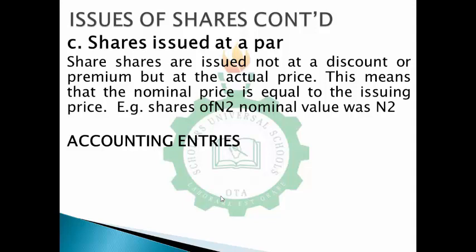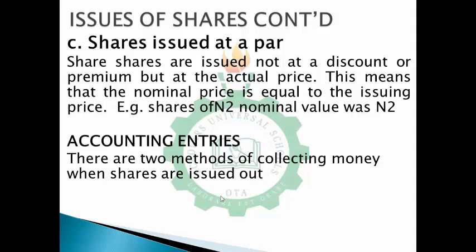in the course of applying for those shares, the applicant will go to the bank to pay some money. Now, there are two methods of collecting money when shares are issued out. The first is payable in full on application. That is, they are paying the whole money at the point of application.